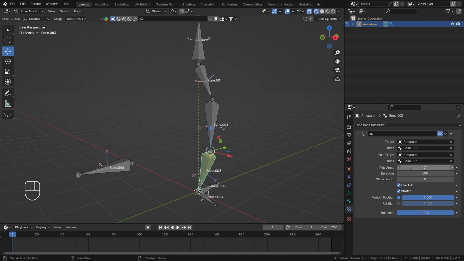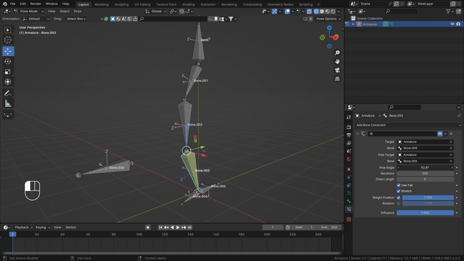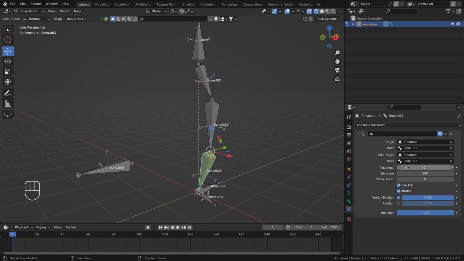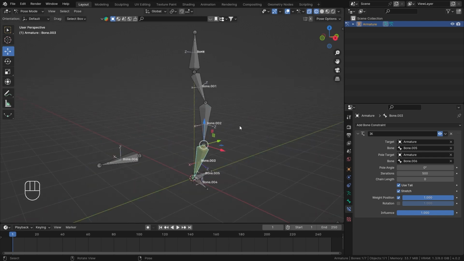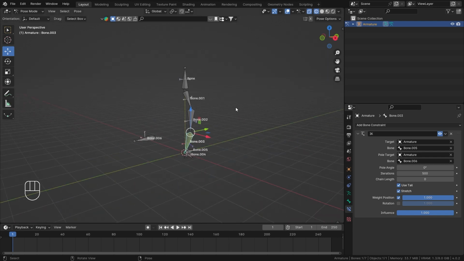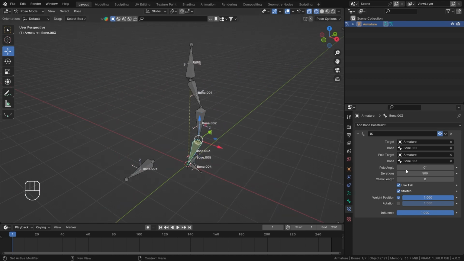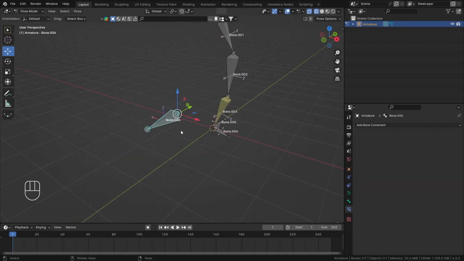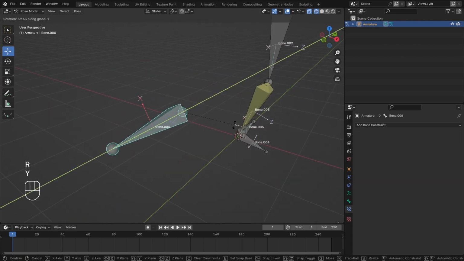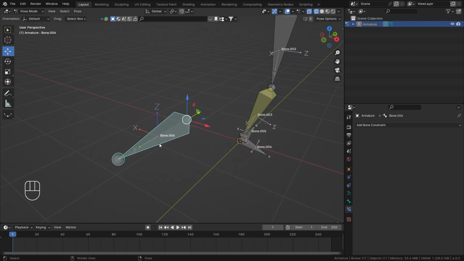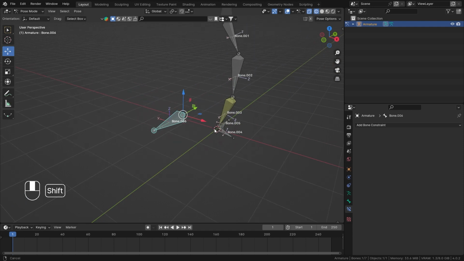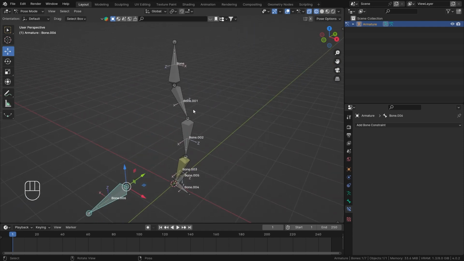Now you'll see in some videos that they will ask you to add a pole angle of either 90 or 180 or negative 90 or negative 180 depending upon your situation, but I like to avoid that from the beginning. Now the pole angle is actually the twist moment. As you can see, this is the pole angle, basically the rotation around the local Y-axis of the bone. That is basically the pole.